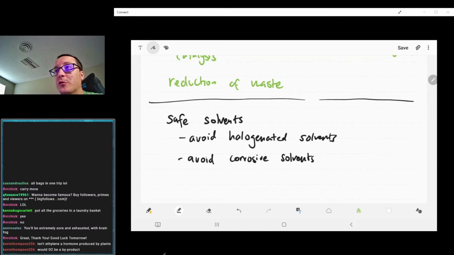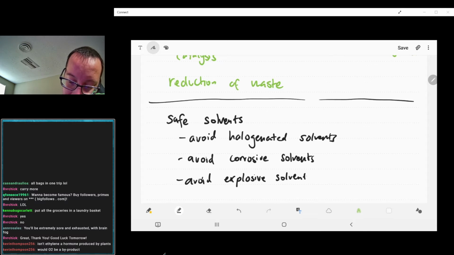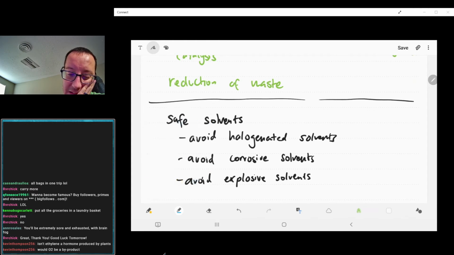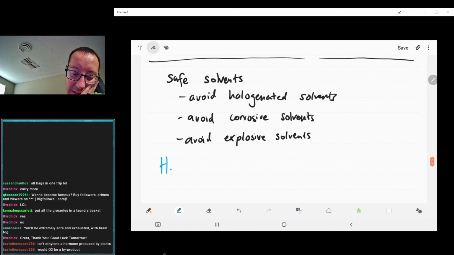These are kind of two main ideas here. And then, of course, we want to avoid explosive ones. And so, unfortunately, most solvents fit into these three categories. We have a couple, namely this guy, which is an excellent solvent for avoiding these things. It is not halogenated, it is not corrosive, it is not explosive either.